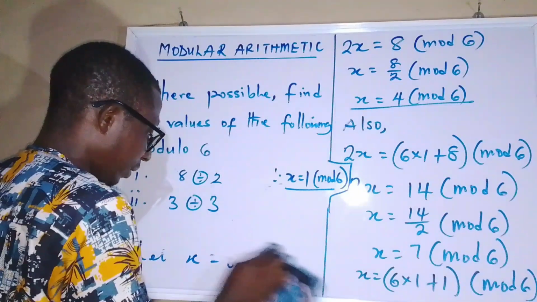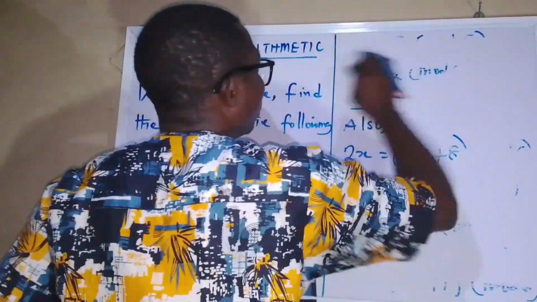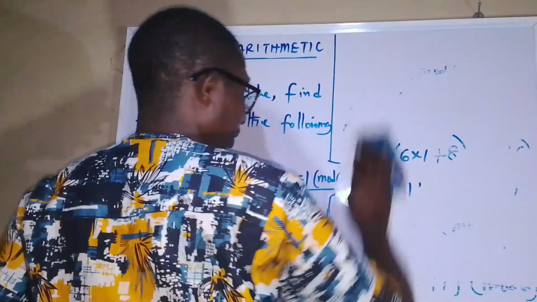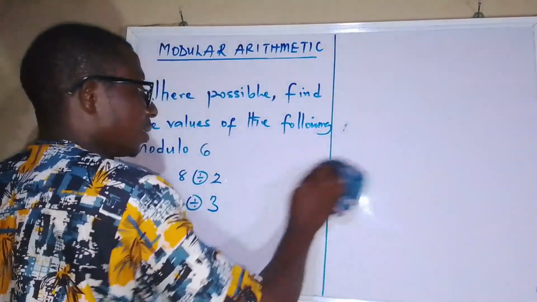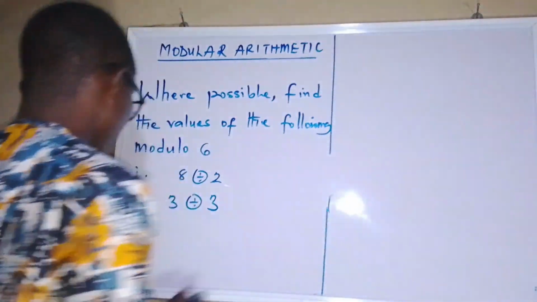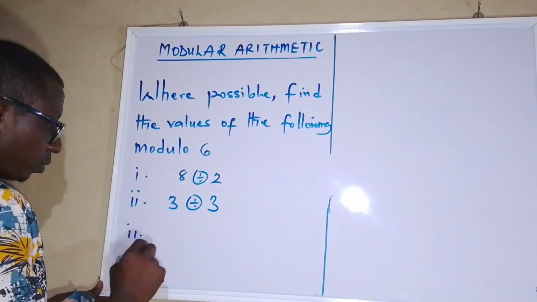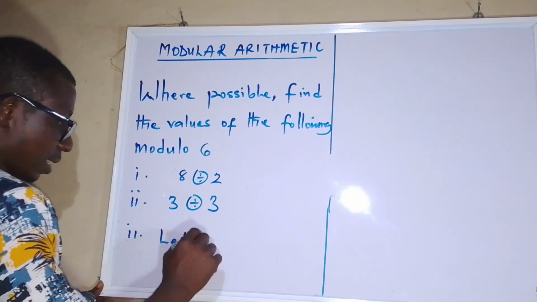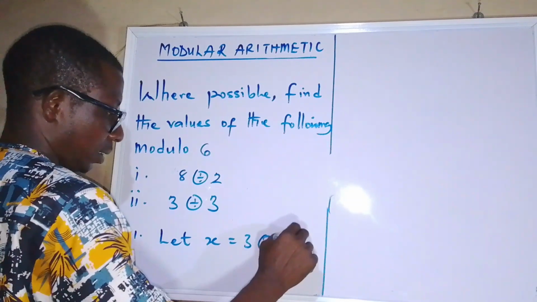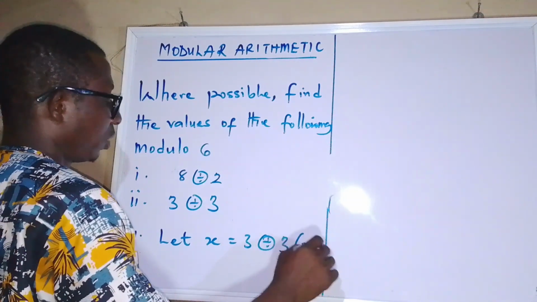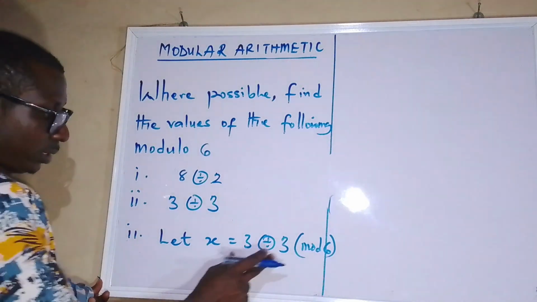Let us look at the second question. You have to divide 3 by 3 in mod 6. We start by making an assumption as usual. We say let x equal 3 divided by 3 in mod 6.